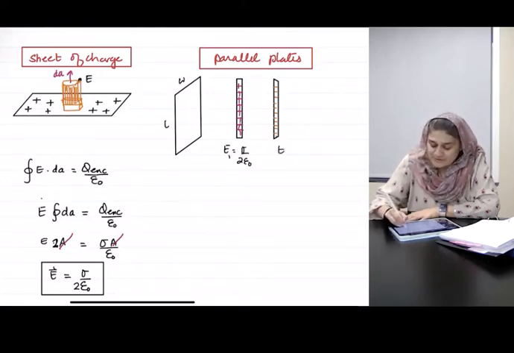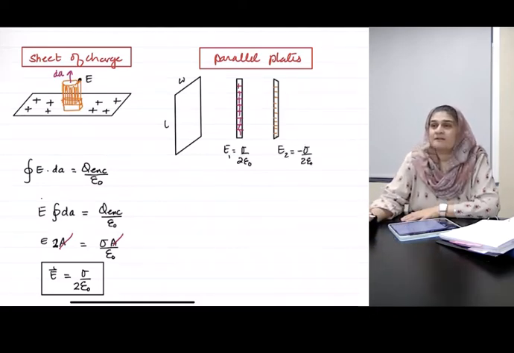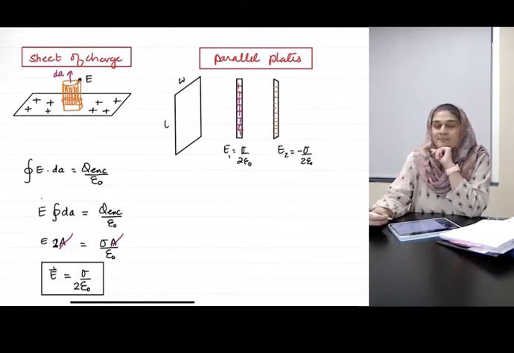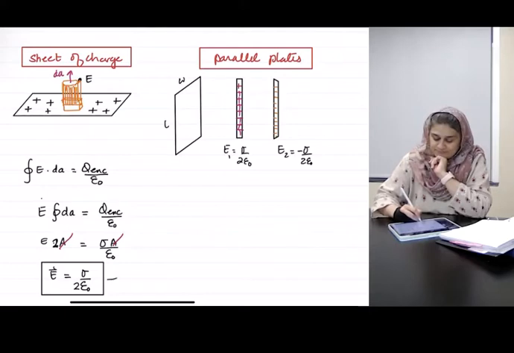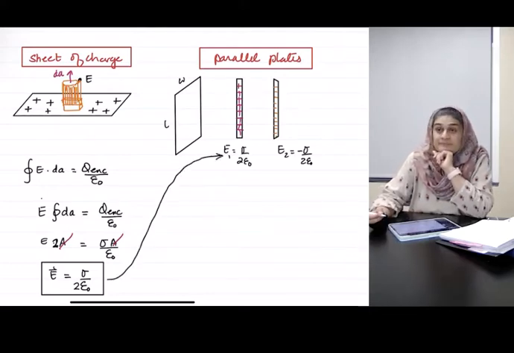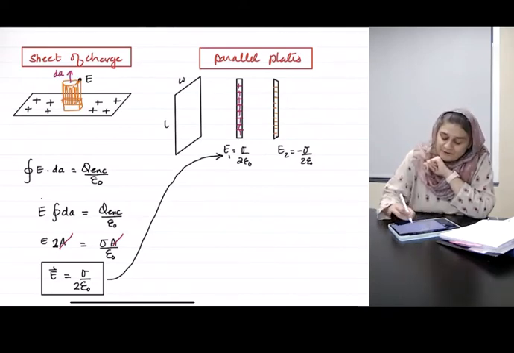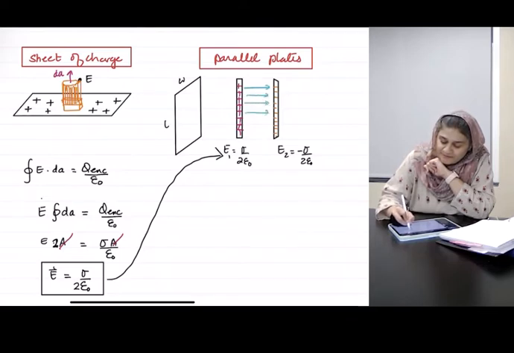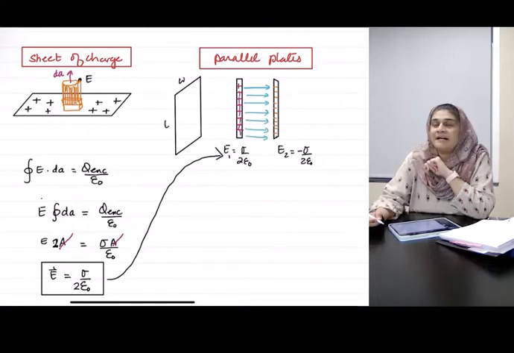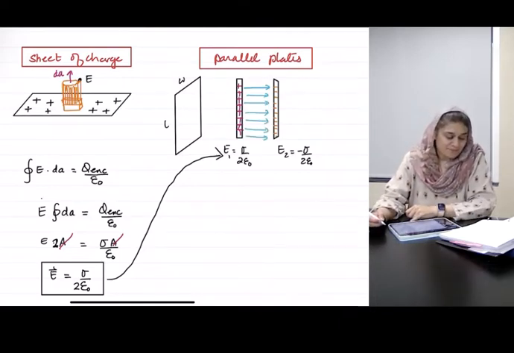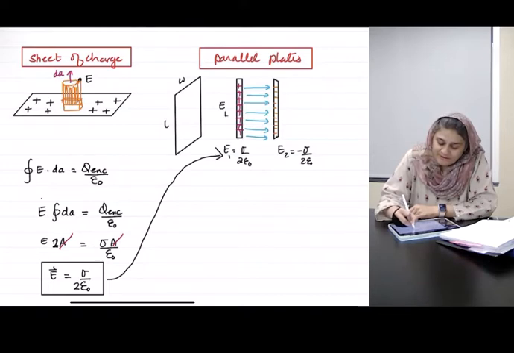And what is the E due to plate 2? Now, what will the E field look like between these plates? They look like this, right? So now let's talk about E left, E center, and E right.